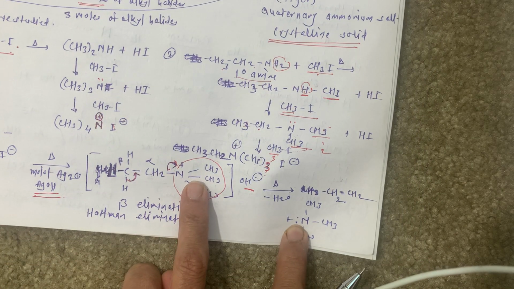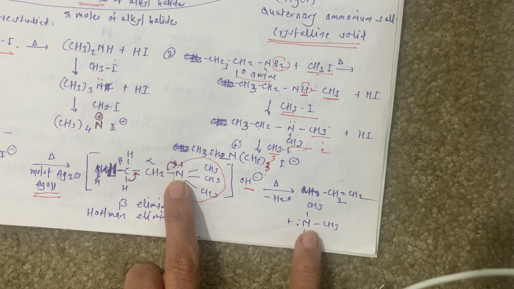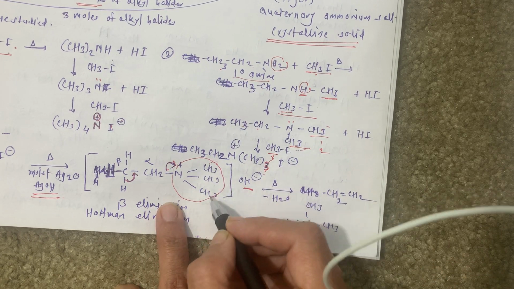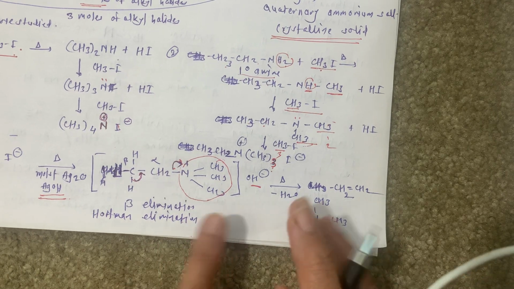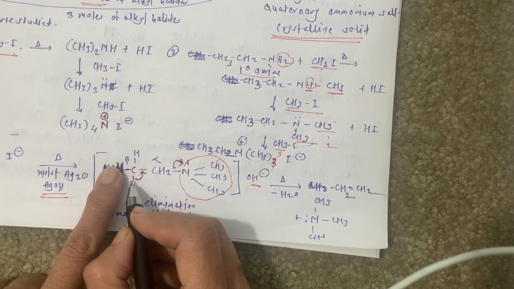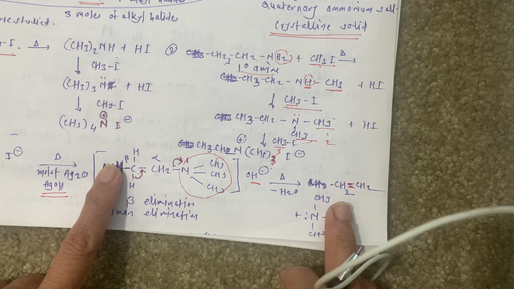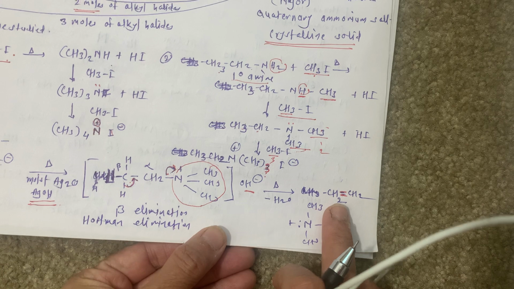So this nitrogen now has the lone pair of electrons, and the charge is removed. And 3 methyl groups, 1, 2, 3. Here there is formation of a double bond, and the product is alkene.